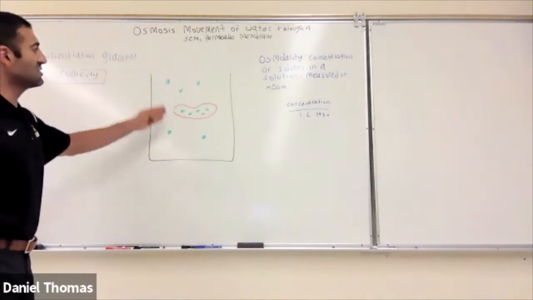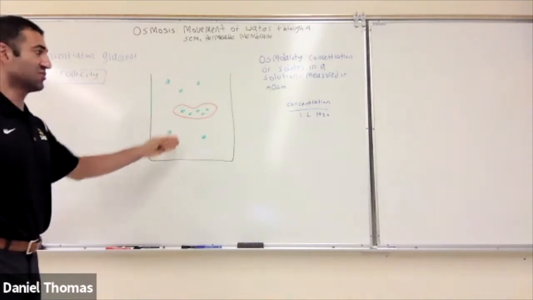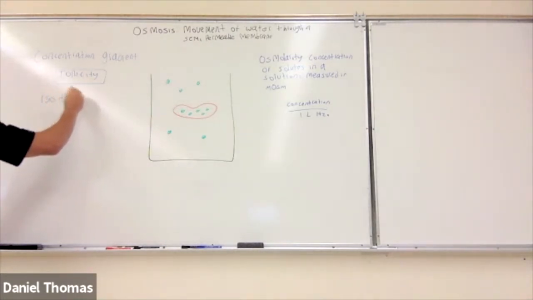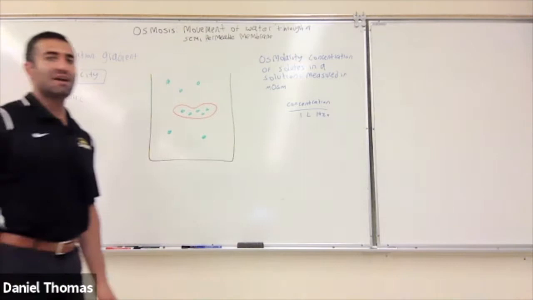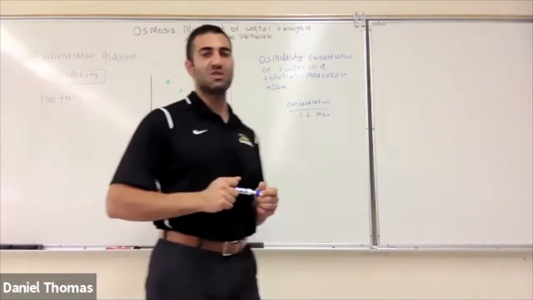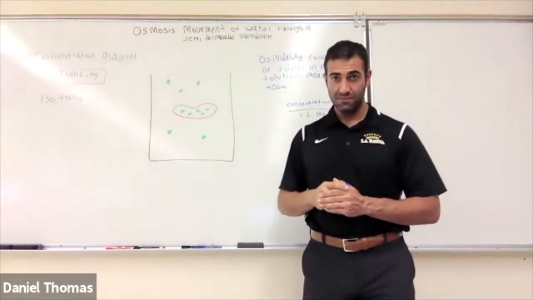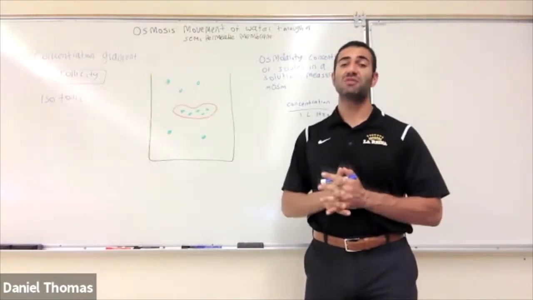What we see here is that both sides are equally concentrated. Water is not going to move. We call this isotonic. Keep in mind, both sides are isotonic because we're comparing two sides. Nothing can be isotonic by itself.